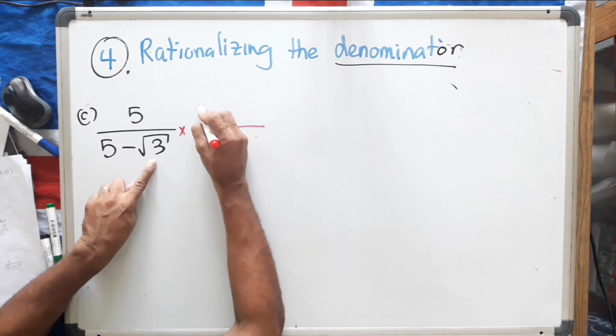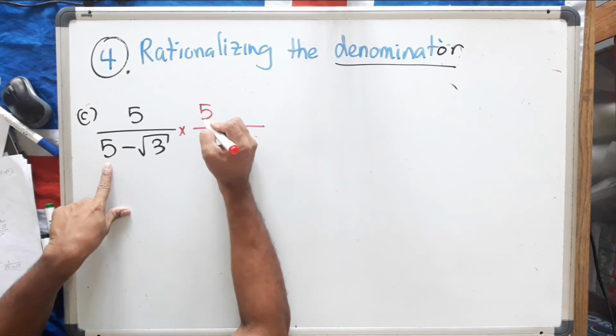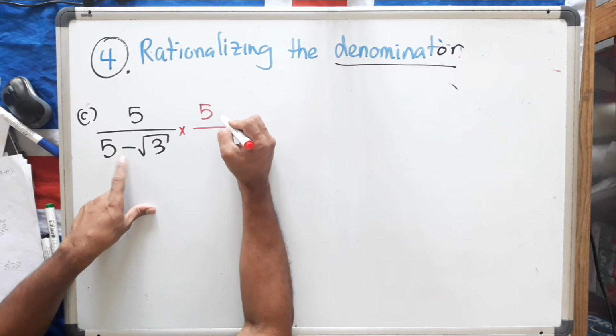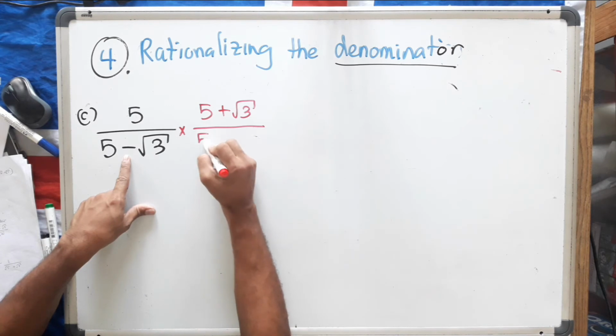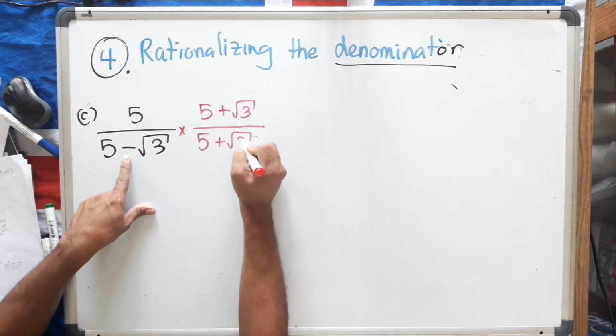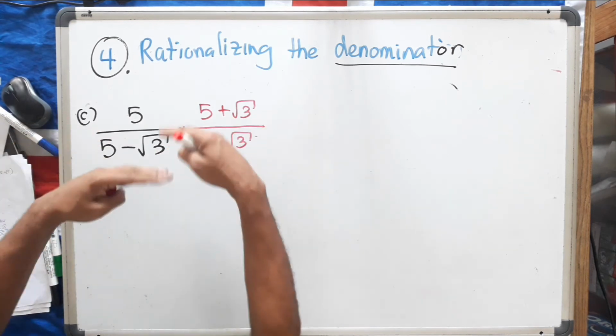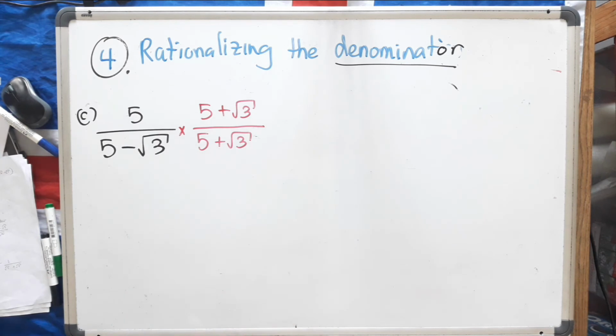All you have to do, you're leaving the first item alone, and the second item, you make it the opposite. You change the sign. So if it's negative, just make it positive. And you have to do the same thing for the underneath. And if you were to multiply out this scenario, the underneath will change to a nice number. It will no longer be an irrational number.